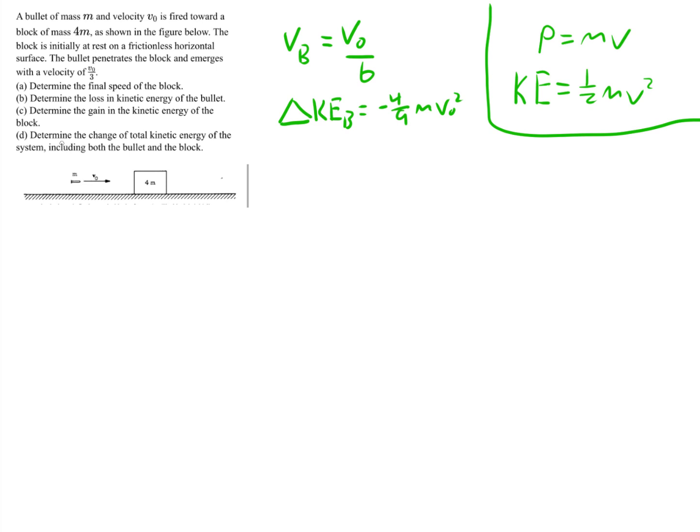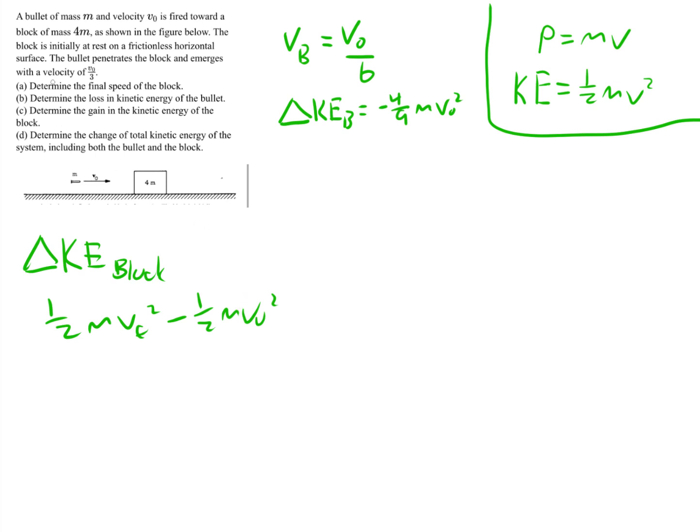Now we need to find the gain in kinetic energy of the block. Now this is fairly simple, since this is just simply the change in kinetic energy of the block. So again, change in kinetic energy is the final kinetic energy minus the initial kinetic energy.